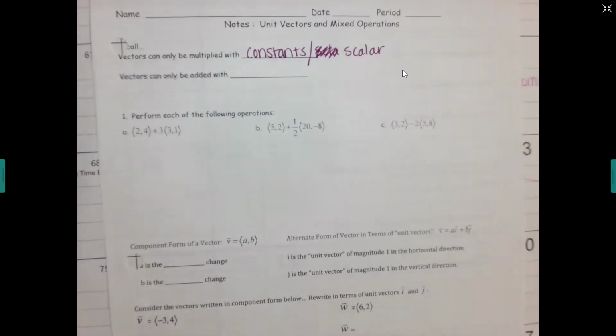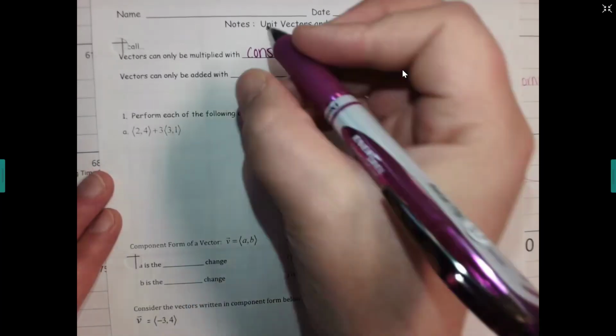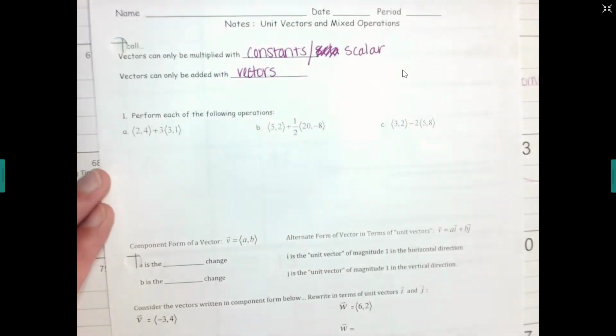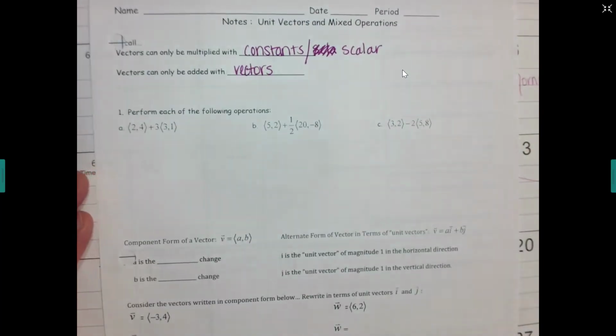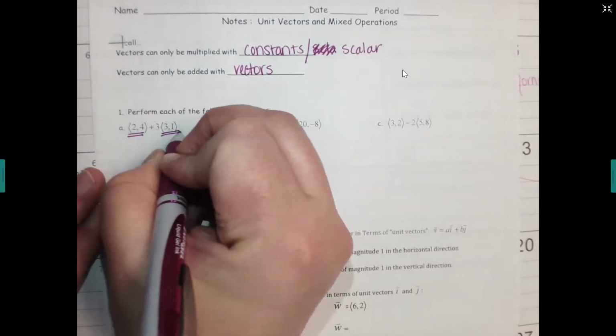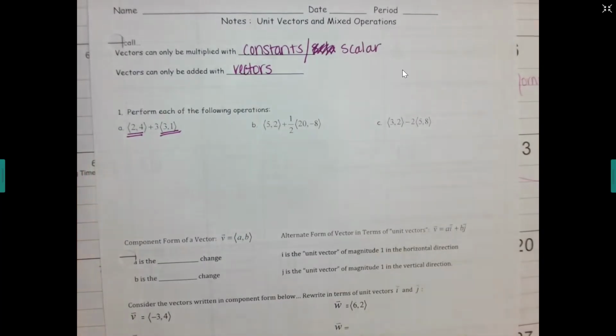Okay, so you can multiply vectors by a number, but when it comes to adding, you can only add vectors with other vectors. Let's say you're doing the first one. You have <2, 4>, the first vector, plus 3 times <3, 1>. You're going to follow the same order of operations as with numbers, PEMDAS.